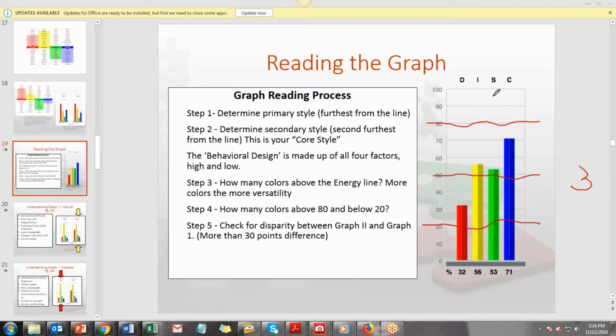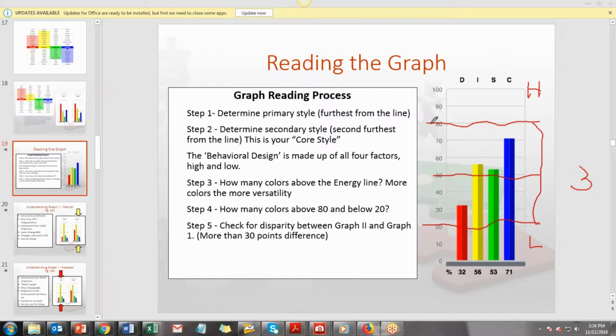Now, hold on to your tennis shoes here because I don't want to lose you. Anything above 80 is a high score. Anything below 20 is a low score. Now, low isn't good, isn't bad. High isn't good, isn't bad. And then everything between 21 and 79 is just moderate.